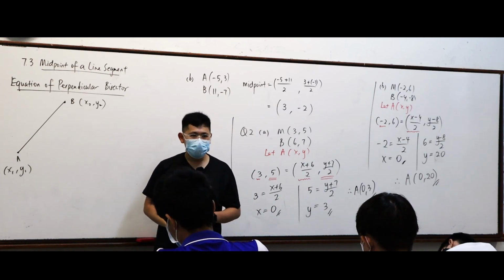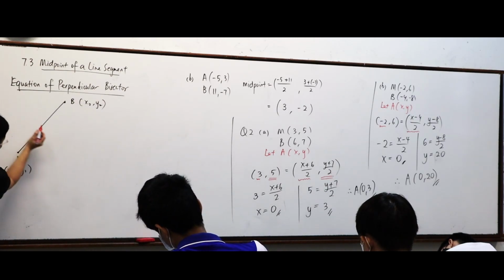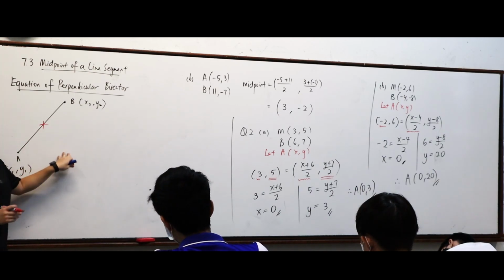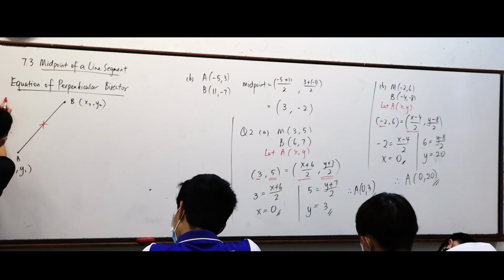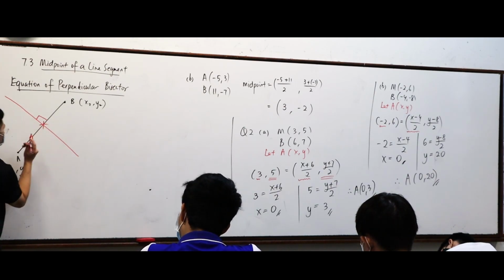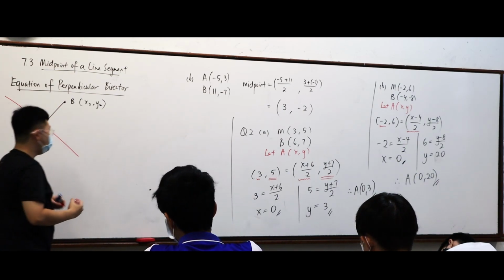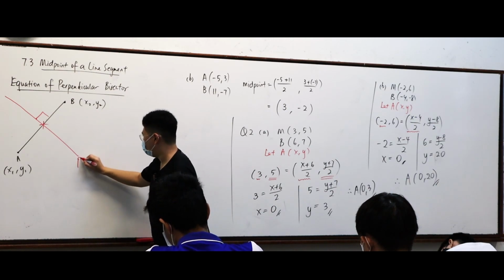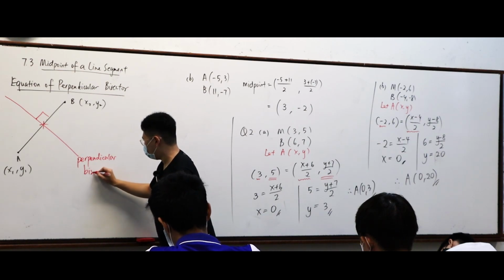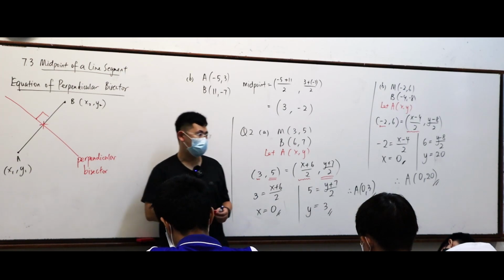So we need to look for the middle, and we need to look for the line that cuts through it at a right angle. My right angle is ugly here. So this is our perpendicular bisector: perpendicular for the 90 degrees, bisector cut into half.